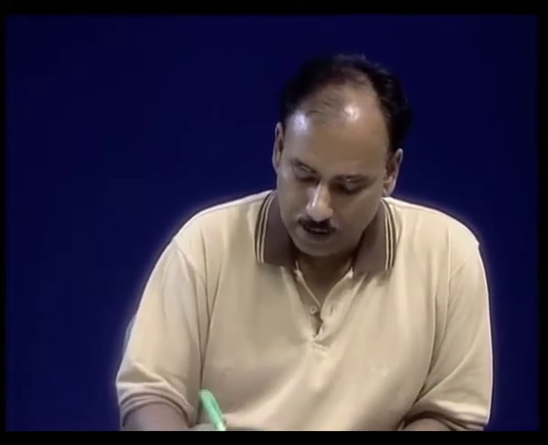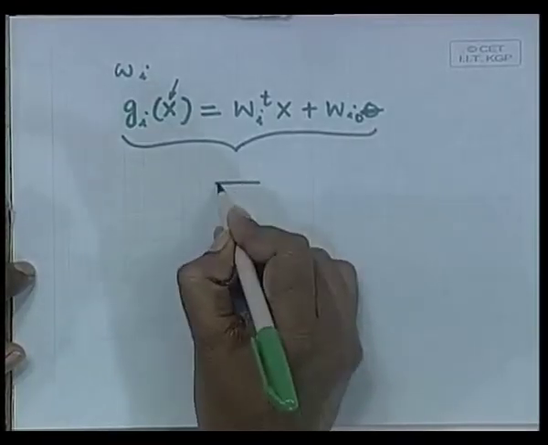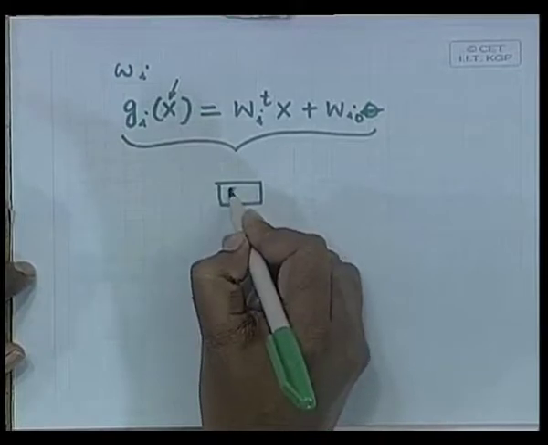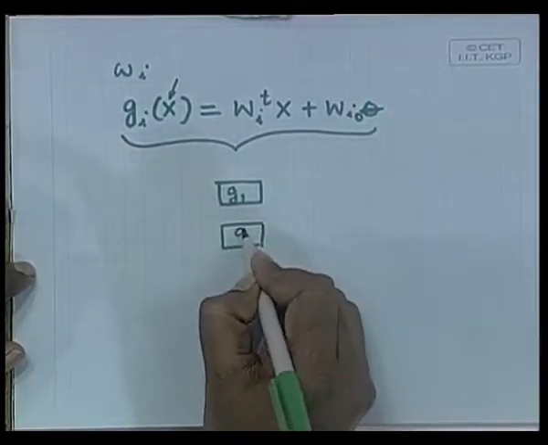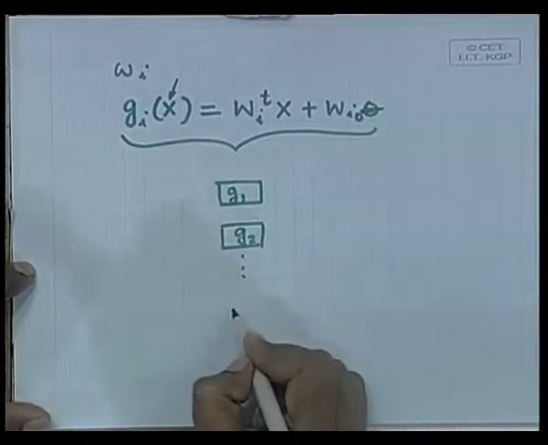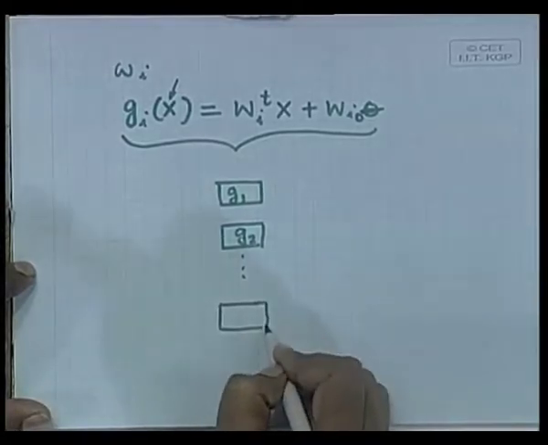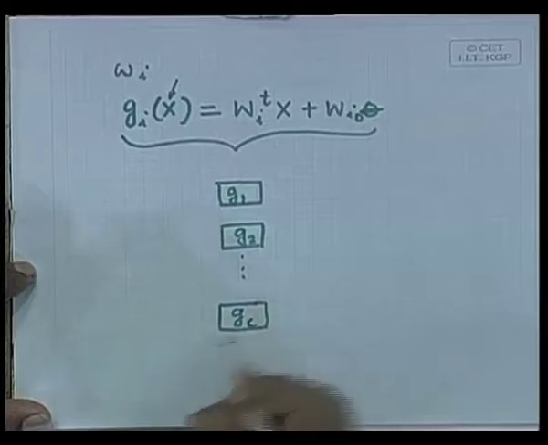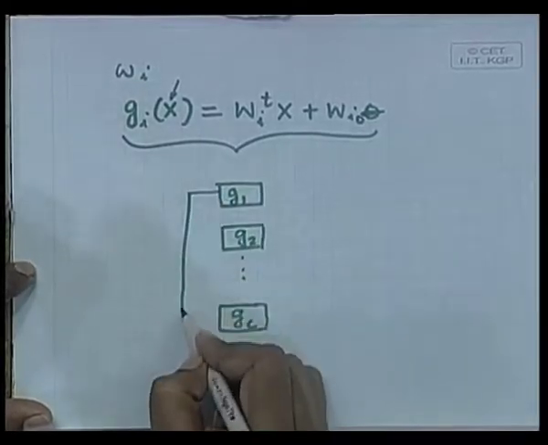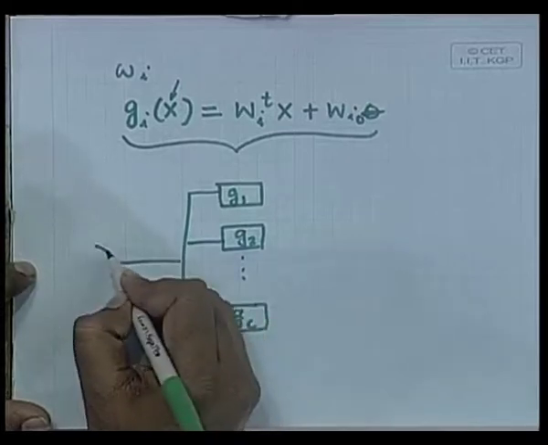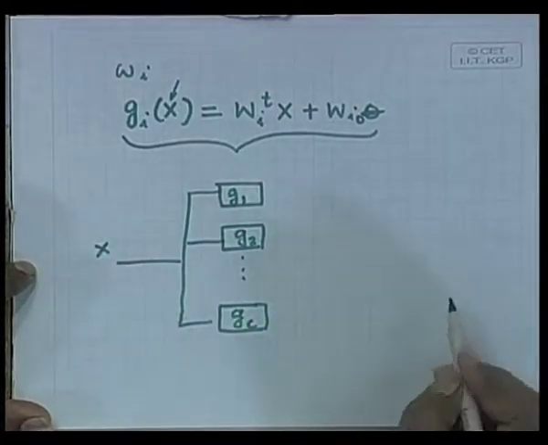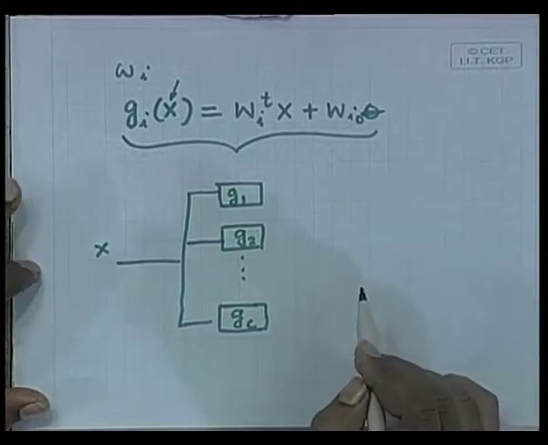So we have something like this: g 1, g 2, and so on, up to g C if there are C classes. Given a vector x, the vector x will be fed to the discriminant functions of all the classes.